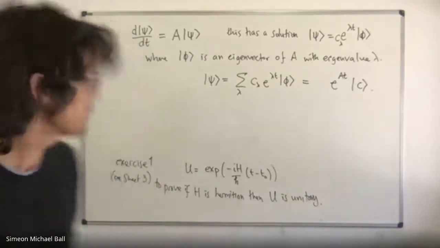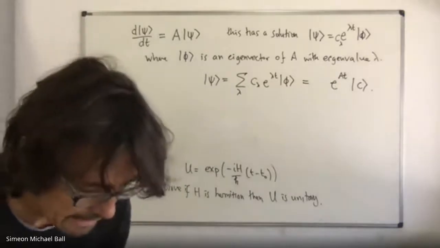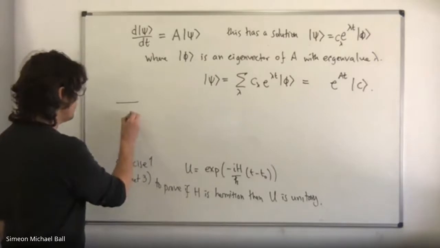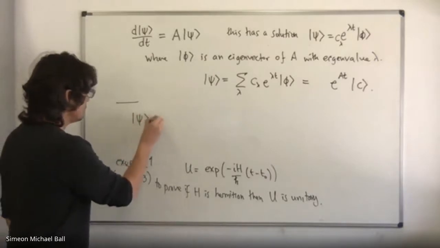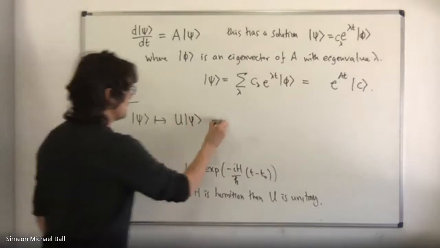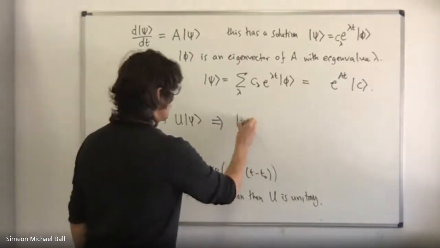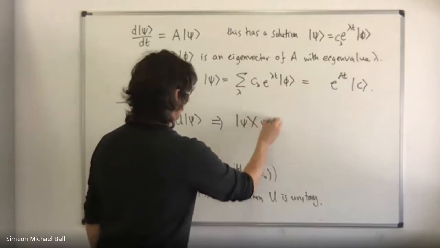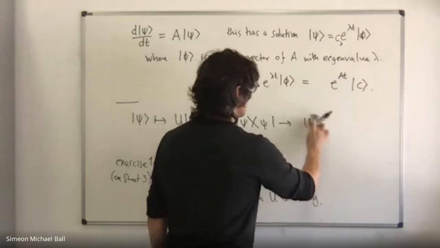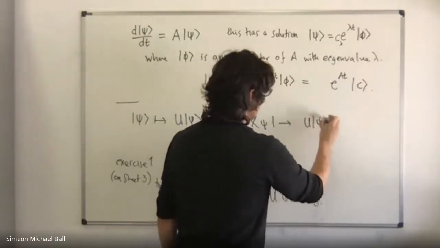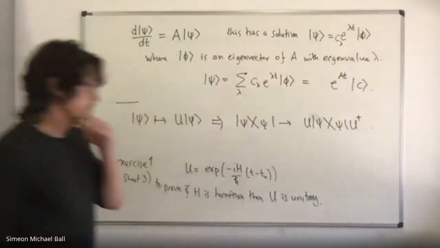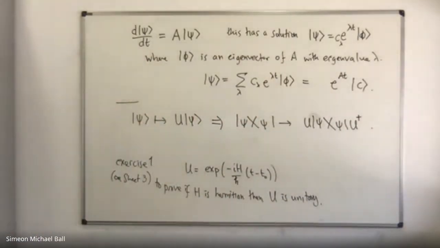Just to finish this bit, let me go back. We've determined that u takes phi to u times phi, which implies that if we looked at the matrix, this would go to u rho u dagger.